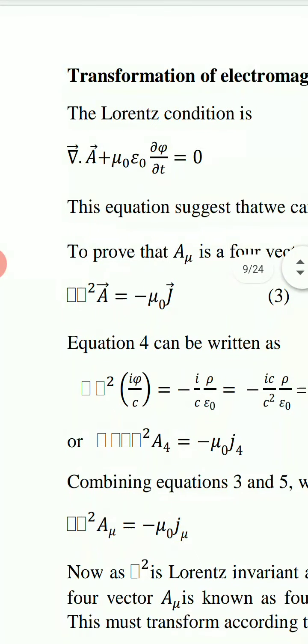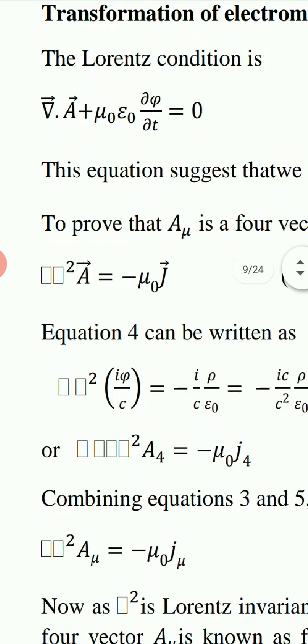Lorentz condition is given by this equation: del vector dot A vector plus mu 0 epsilon 0 delta phi upon delta t. A vector is vector potential and phi is scalar potential, and Lorentz condition relates these two potentials by this equation.